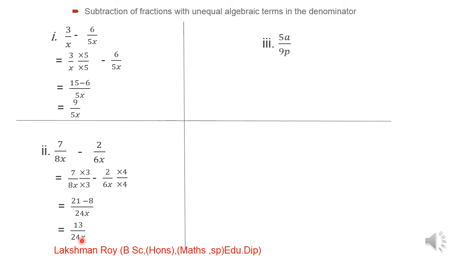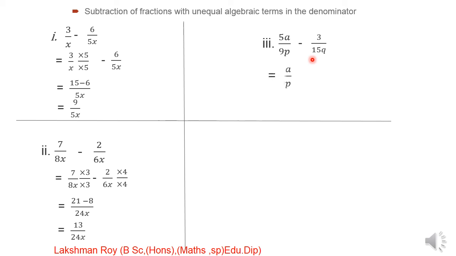Another example: 5a over 9p, subtract 3 over 15q. The denominators are not equal, so find the LCM, which is 45pq.